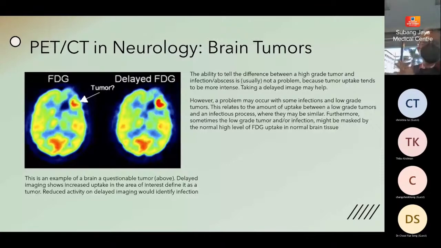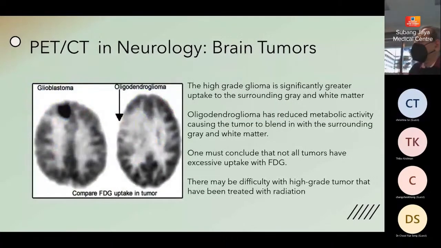Looking at brain tumors now, FDG is really not that good for brain tumors. We miss a lot of things. So just to illustrate that, glioblastoma is really the high-grade ones. They tend to be, of course, aggressive, and therefore they use more glucose. You can see increased uptake there. But in other cases the uptake is the same as the rest of the brain, in fact sometimes slightly lower.